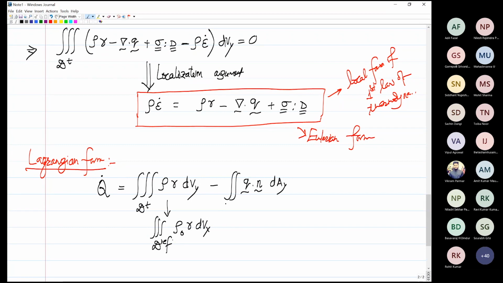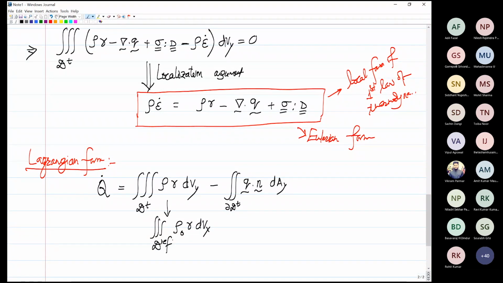How to do it over del d ref? To do that, we'll think of just like we were doing that traction thing, where we came up with the first Piola-Kirchhoff kind of quantity.